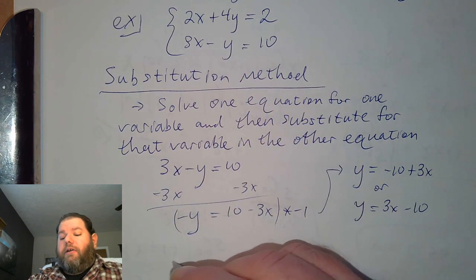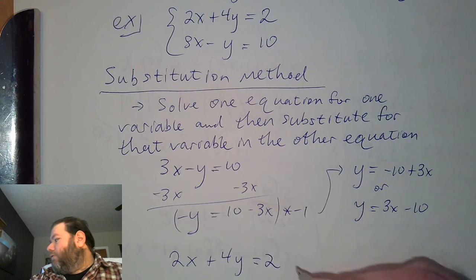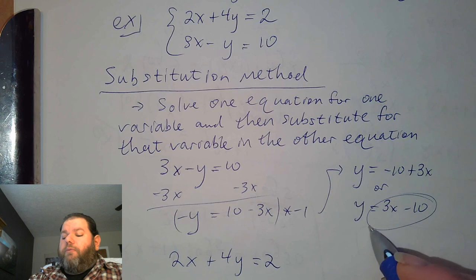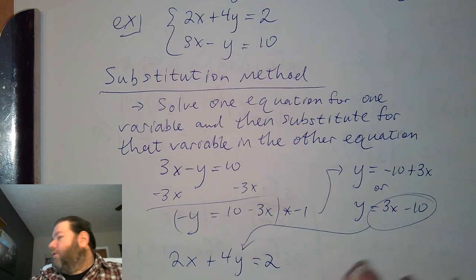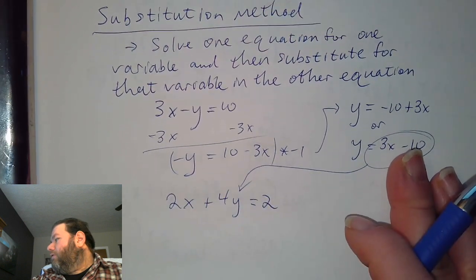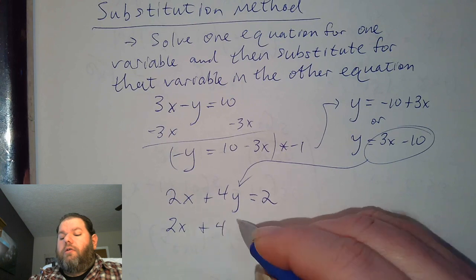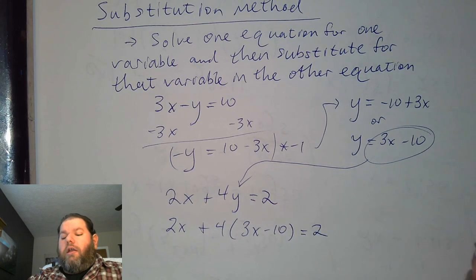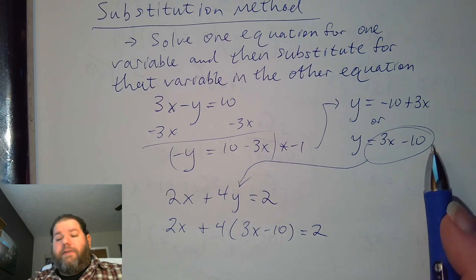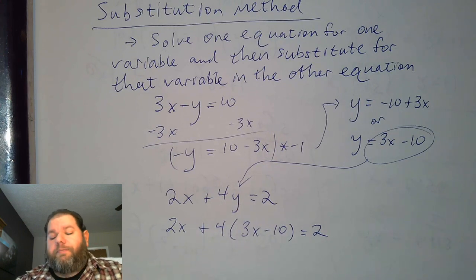So we'll take 2x plus 4y equals 2, and we'll replace y with what y is equal to here, 3x minus 10. What we essentially said here is that y is equal to 3x minus 10, so we can replace y with 3x minus 10 in the other equation.